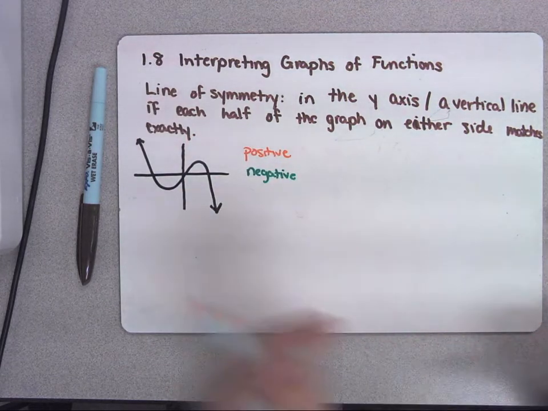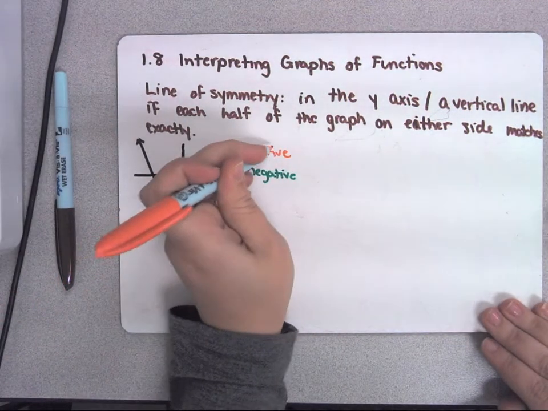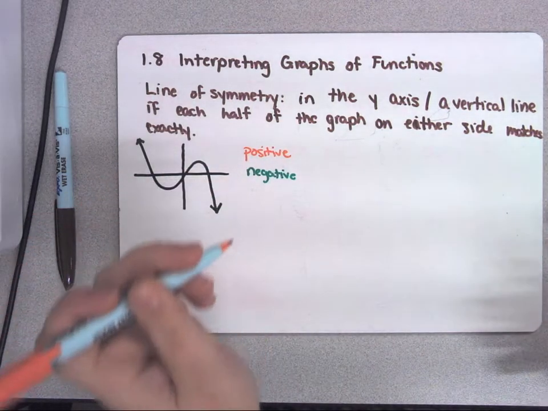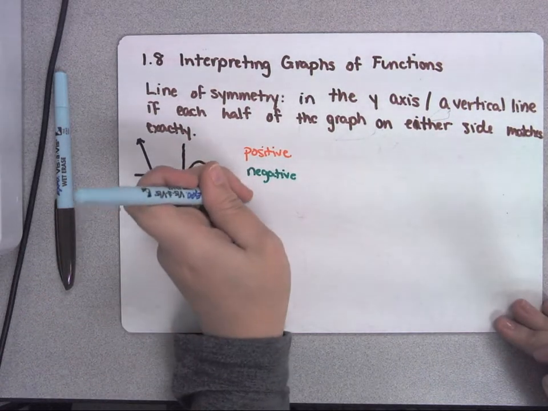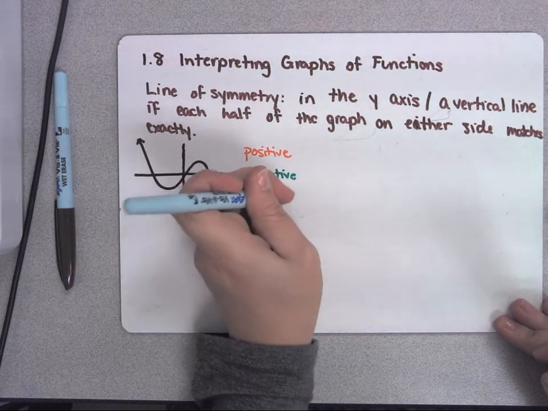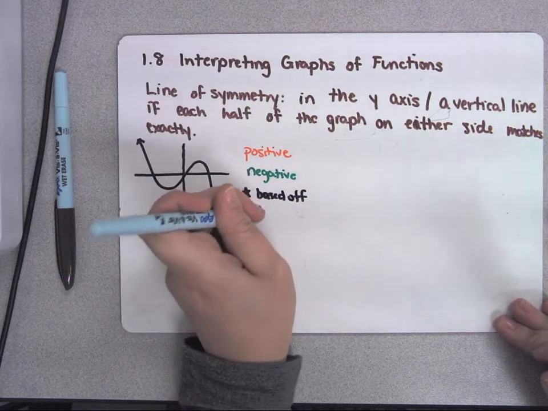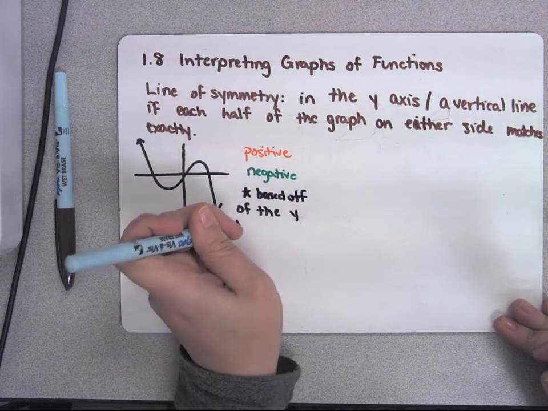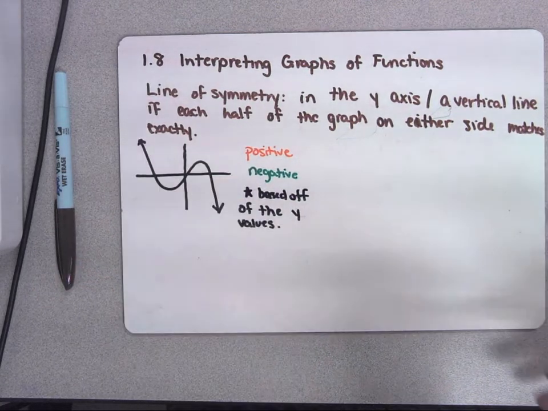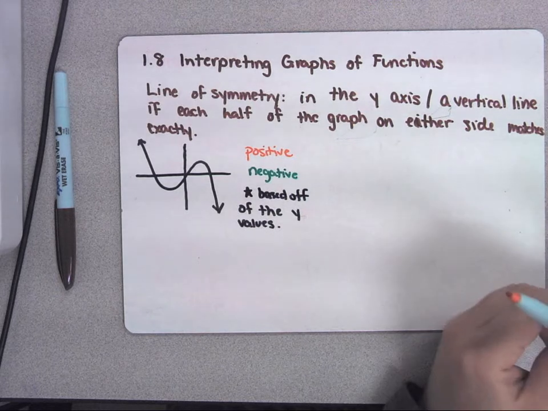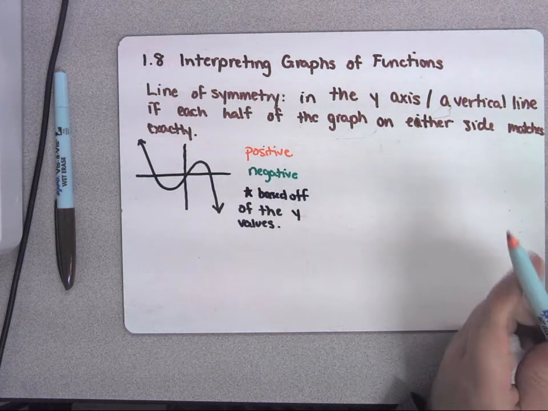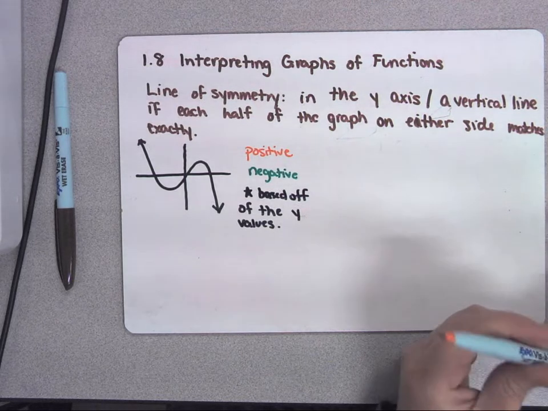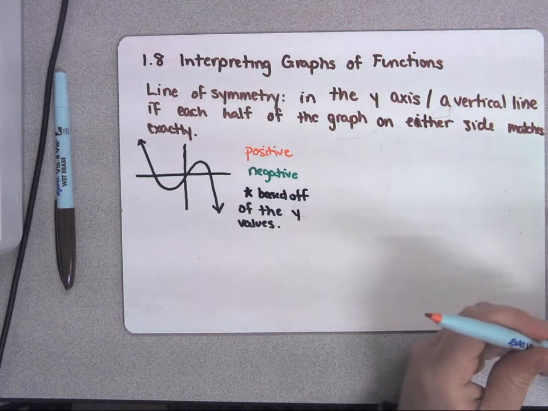With this picture, it's based off of the y values. So on the y-axis, where are the y values positive? This is not a trick question. It is really that easy. Where are the y values positive on the y-axis?